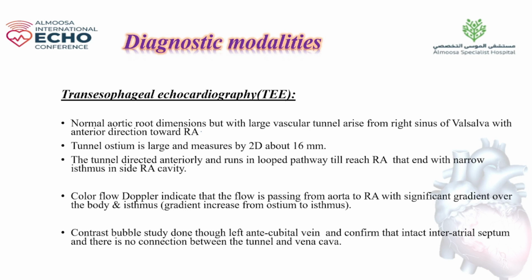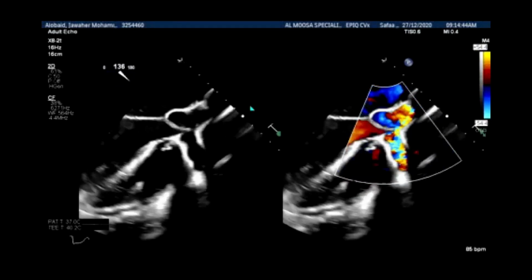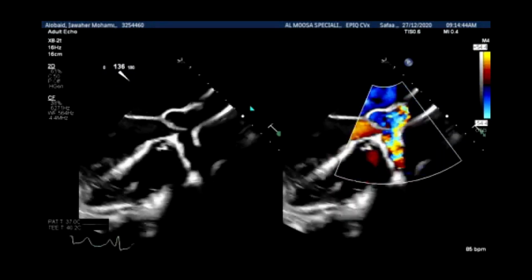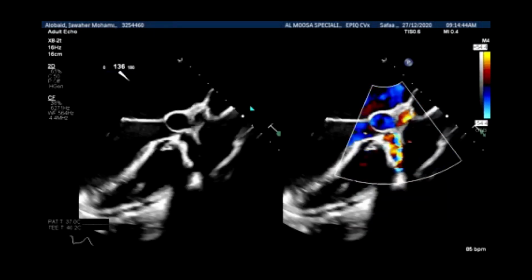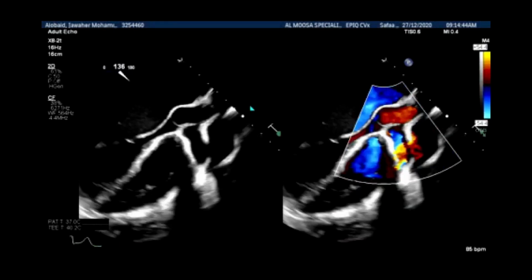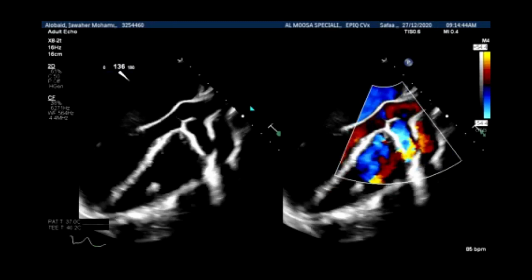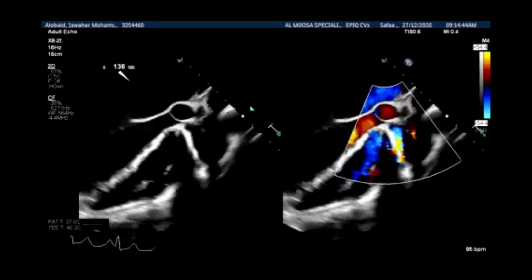So we requested a transesophageal echo for delineation of the problem and to get more data. For the transesophageal echo, we found this tunnel-like structure arising from the aortic root, right sinus of Valsalva, directed anteriorly, with flow passing in one direction from the aorta side to the other side.